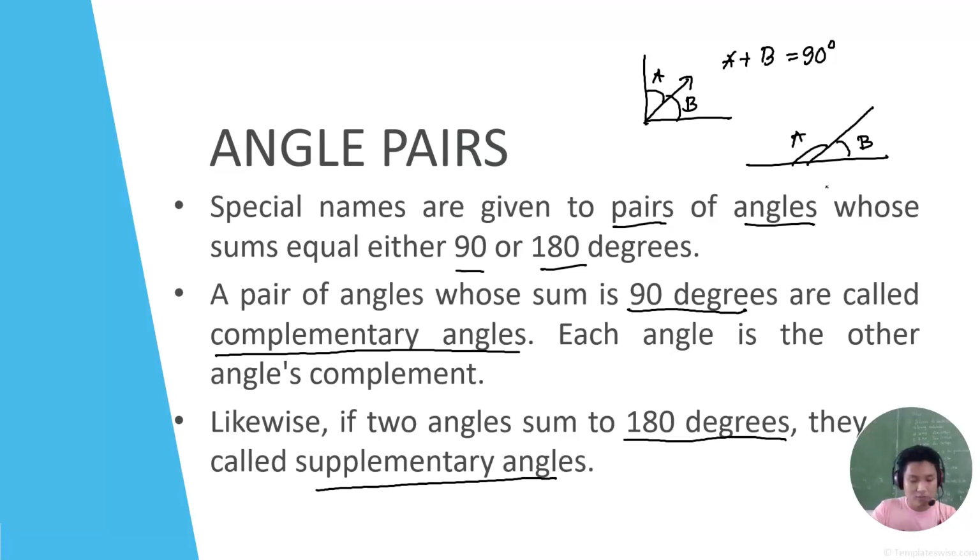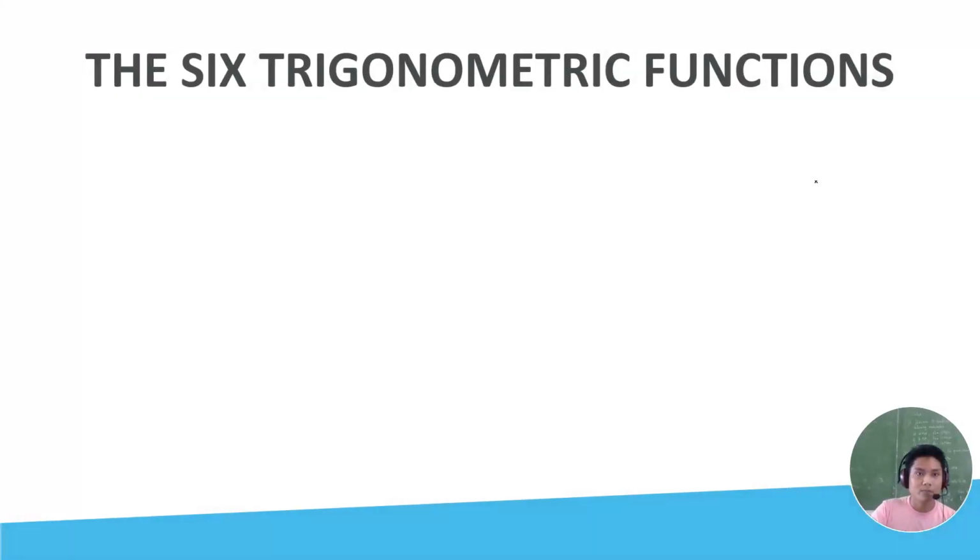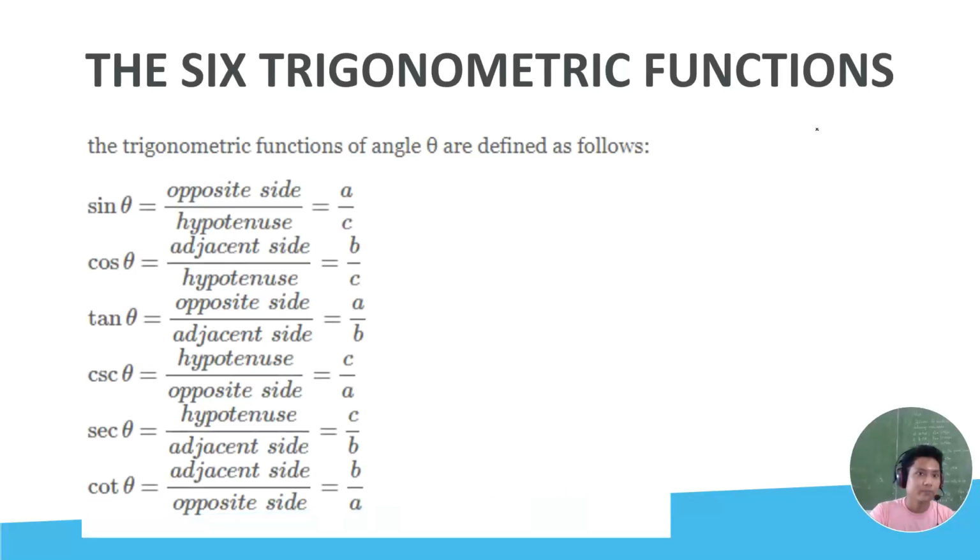So they are supplementary. So what are the 6 trigonometric functions that are used in engineering or in trigonometry? These are the trigonometric functions that we use. We have sine, cosine, tangent, cosecant, secant, and cotangent.